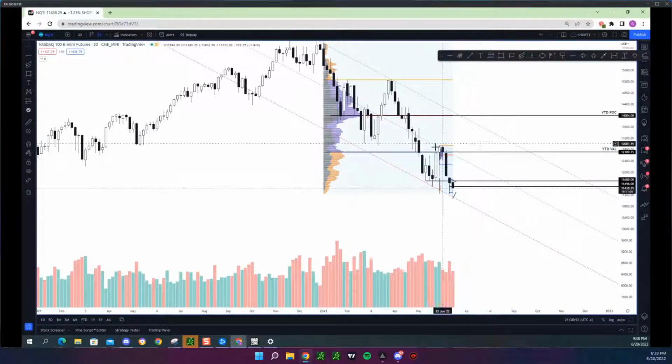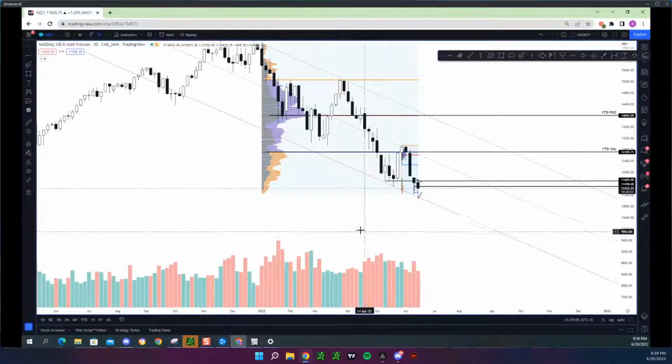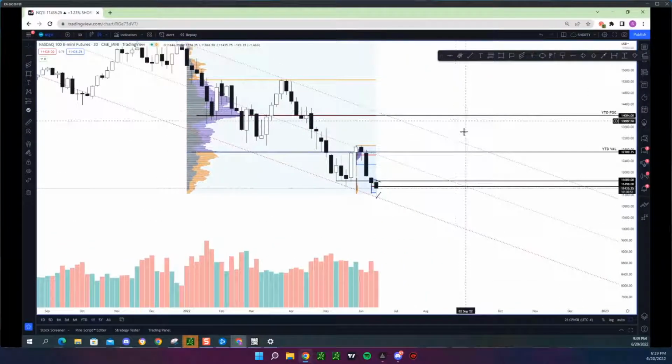But that's why, when you get the confluence of points, this is your year-to-date value area low lining up perfectly, and stocks tend to use that as a magnet, especially when it's 6-7 months worth of data that you have in there. So we got to keep an eye on that.